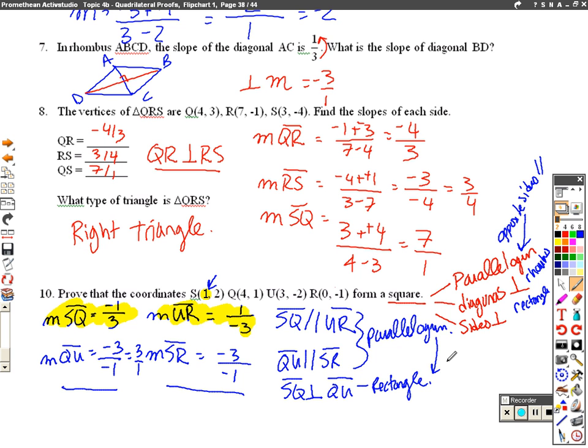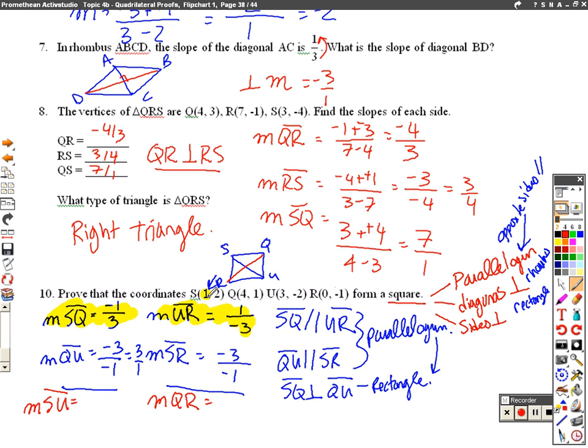All right, if it is a rhombus, that means the diagonals will be perpendicular. So what are the diagonals? Well, SQUR, one of the diagonals, if we just sketch it, will be SU. So now I'm going to find the slope of SU, and I'm also going to find the slope of QR, and see if they are negative reciprocals.